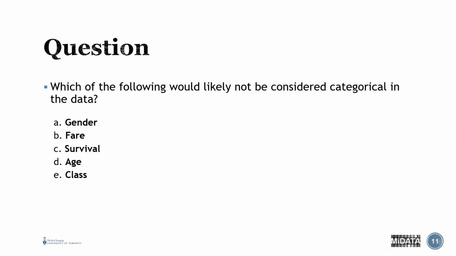So the question is, which of the following would likely not be considered categorical in the data? Gender, fare, survival, age, or class? Just think of an answer, put it in your head, and let's see what the answer is.